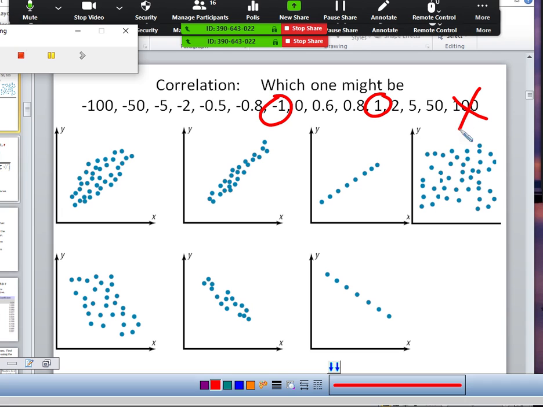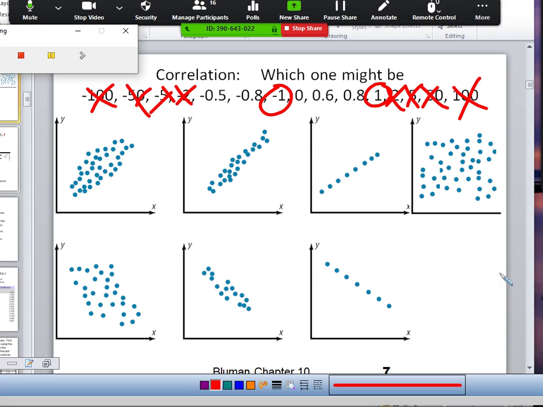So it's impossible to have a correlation coefficient of 100 or 50 or 5 or 2 or -100, -50, -5, -2. You can't have that. It's impossible. That's like saying what percent of people got an A, 112%. That's not possible. Or negative 2%. That's not possible because it's not a possibility.